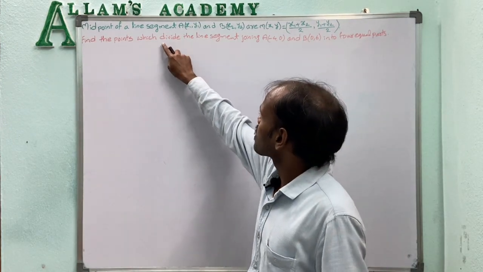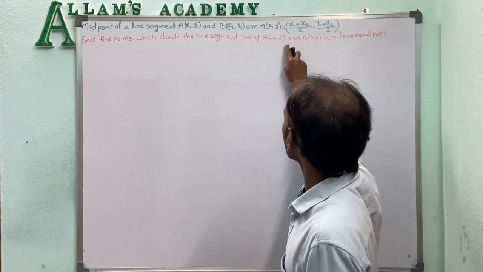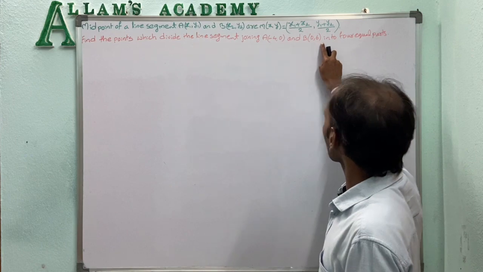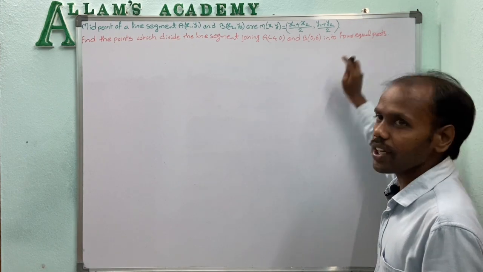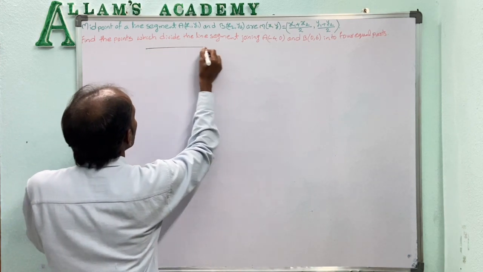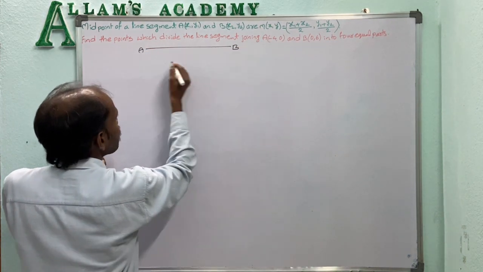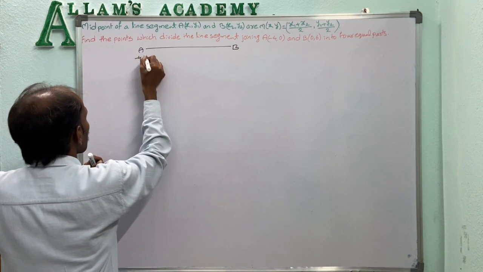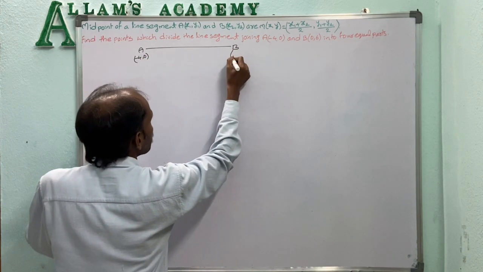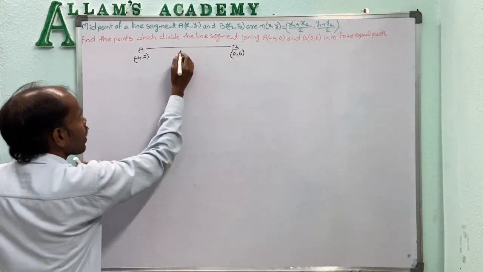Find the points which divide the line segment joining A(-4, 0) and B(0, 6) into 4 equal parts.